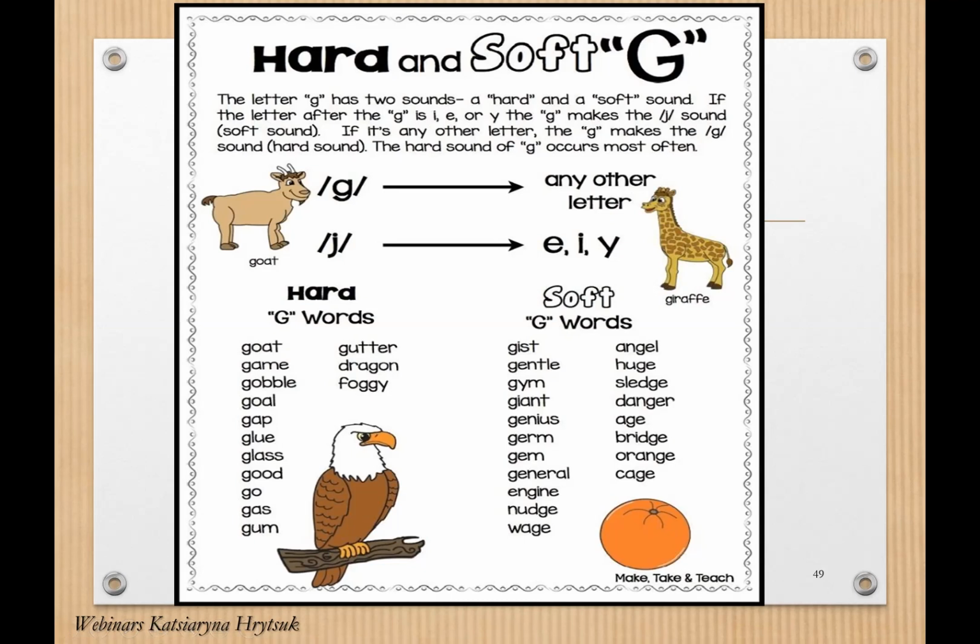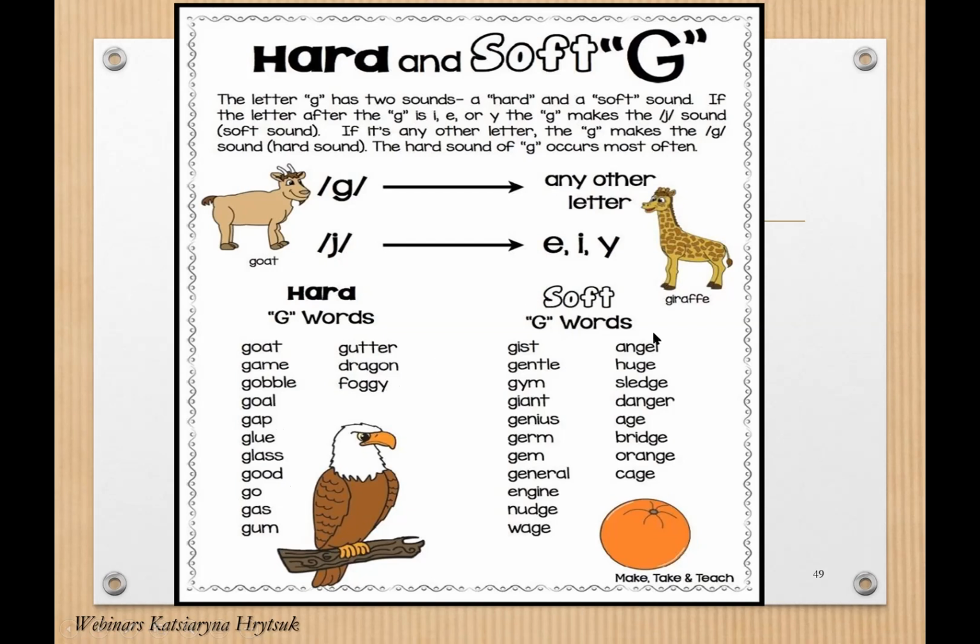Gobble, goal, gap, glue, glass, good, go, gas, gum, gather, gutter, dragon, foggy. Goat, game, gobble, goal, gap, glue, glass, good, go, gas, gum, got, dragon, foggy.